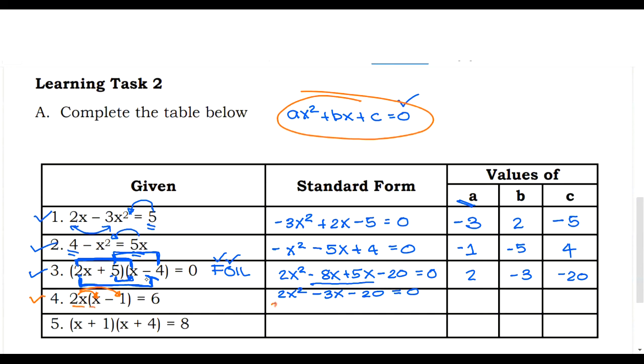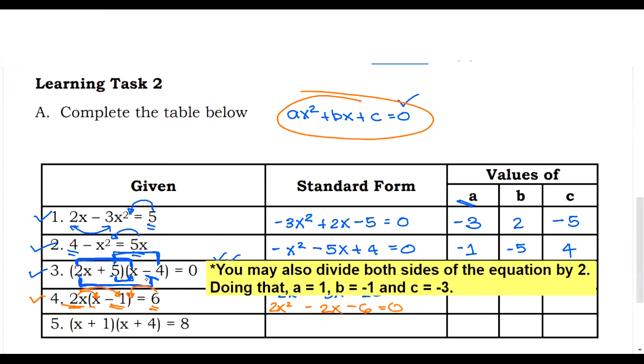You'll get 2x squared. Okay? What is 2x times negative 1? You will have negative 2x. Okay? Tapos, itong 6 sa other side ng ating equation, ililipat lang natin dito sa kabila. And it becomes negative 6 equal to 0.